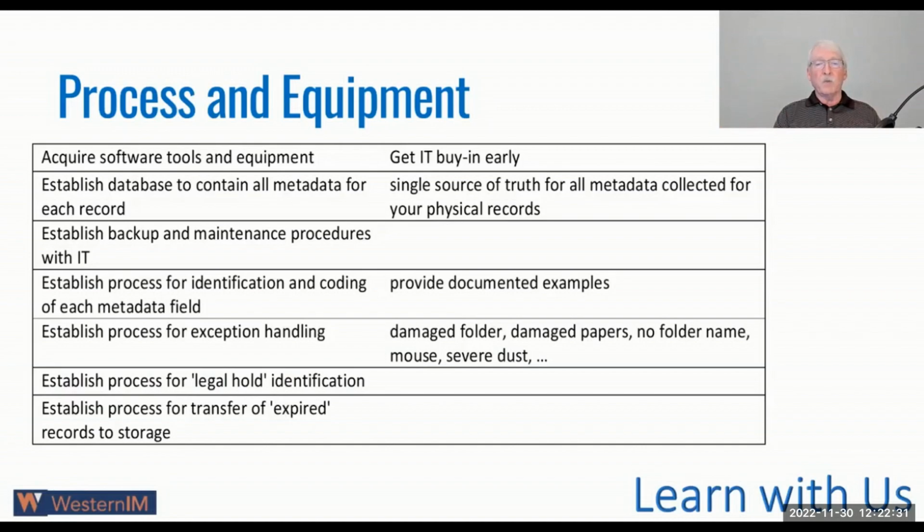And establish a process for legal hold identification. If that's something you're going to do, you need to go to legal, make sure you understand how that process should look, and get that all written down. Establish a process for transferring expired records to storage. If the goal of the project is to inventory the stuff and then ship it over to an offsite storage location, then you need to have that process down and know how that's going to be dealt with.